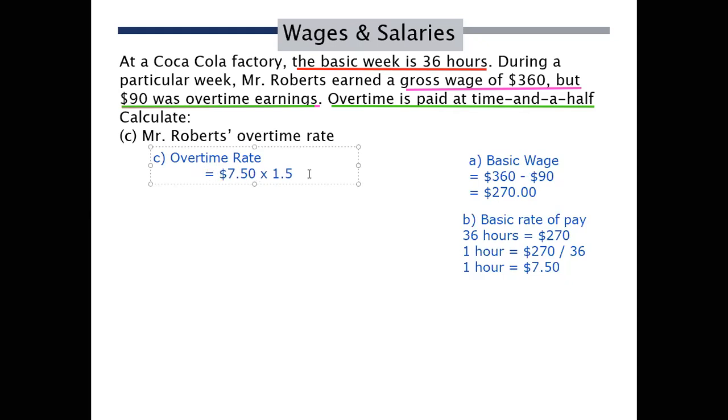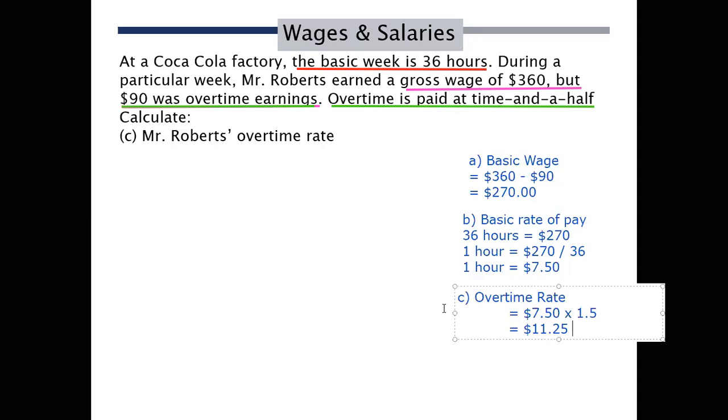All right, much better. So that's $7.50 times 1.5. In this case, he makes $11.25 per hour of overtime. And it should make sense that he's going to get paid more for overtime than a regular hour of work.